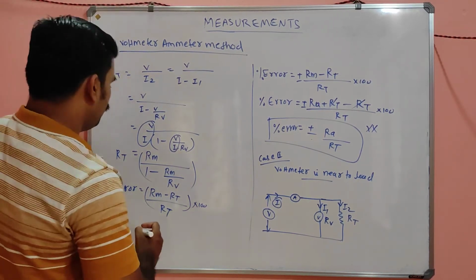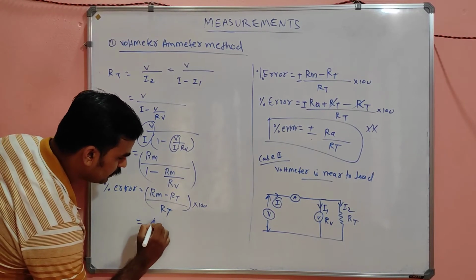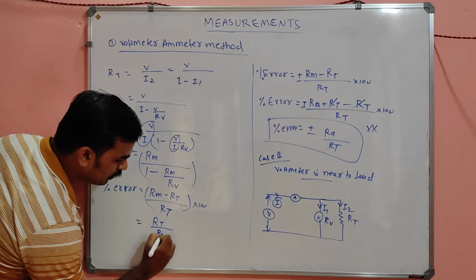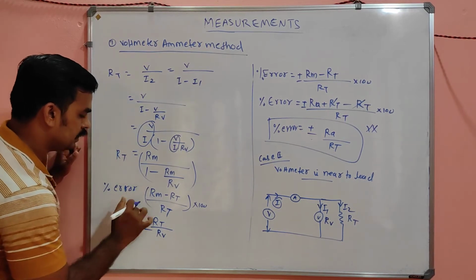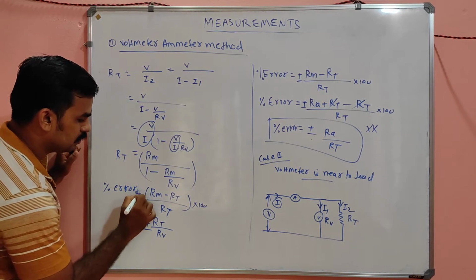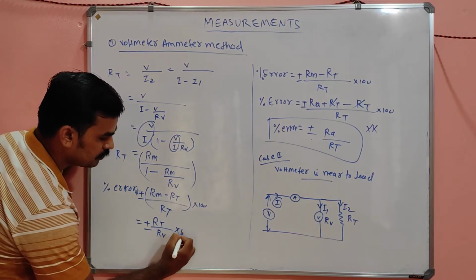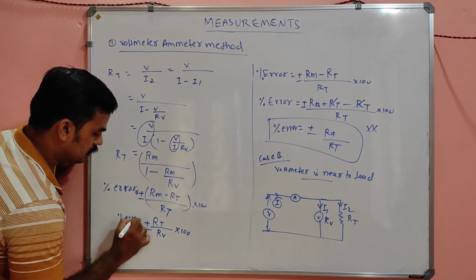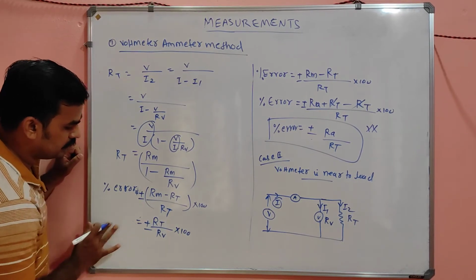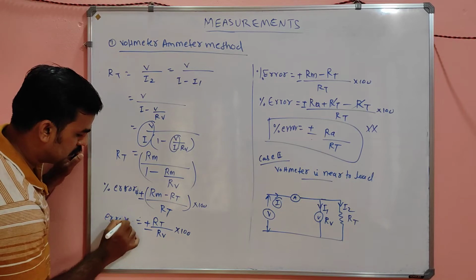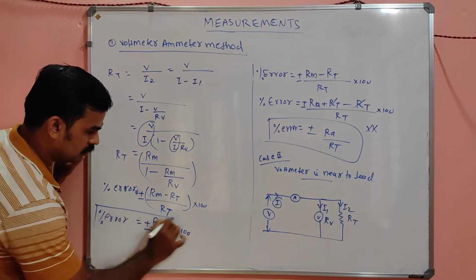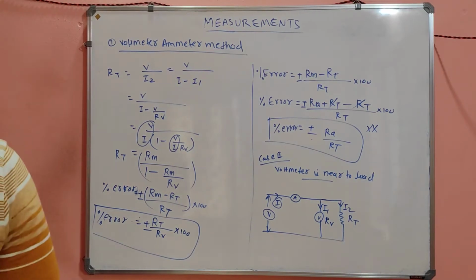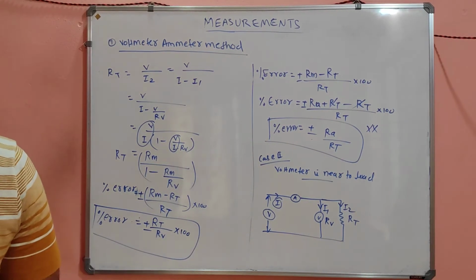You will get a result of plus or minus RT by RV.